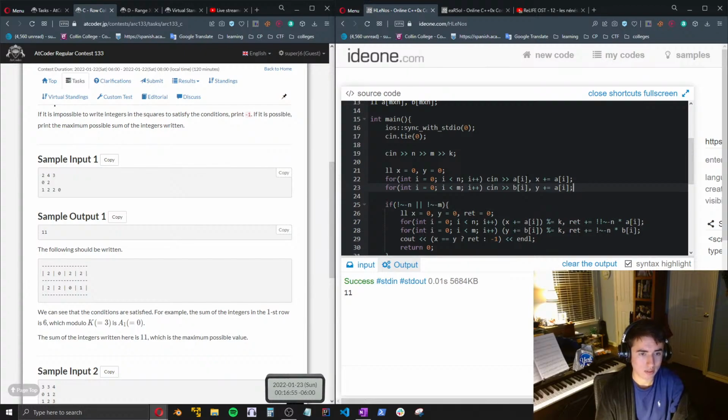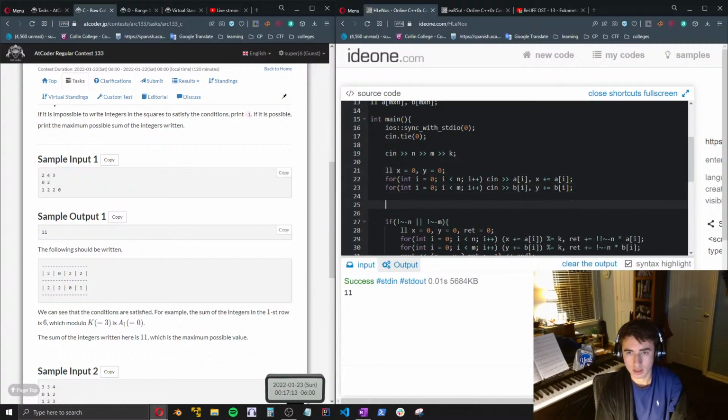Wait. Alright, this should be k minus 1. 0. Plus equals b. Yeah, x percent k is not equal to y percent k.